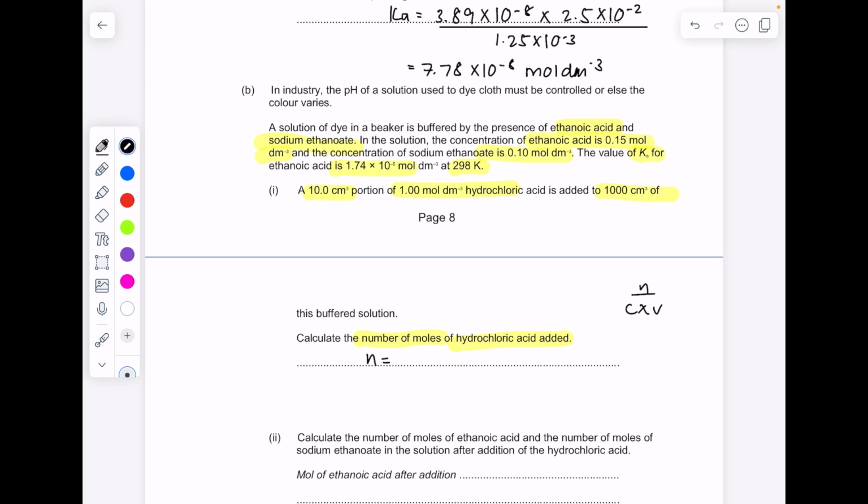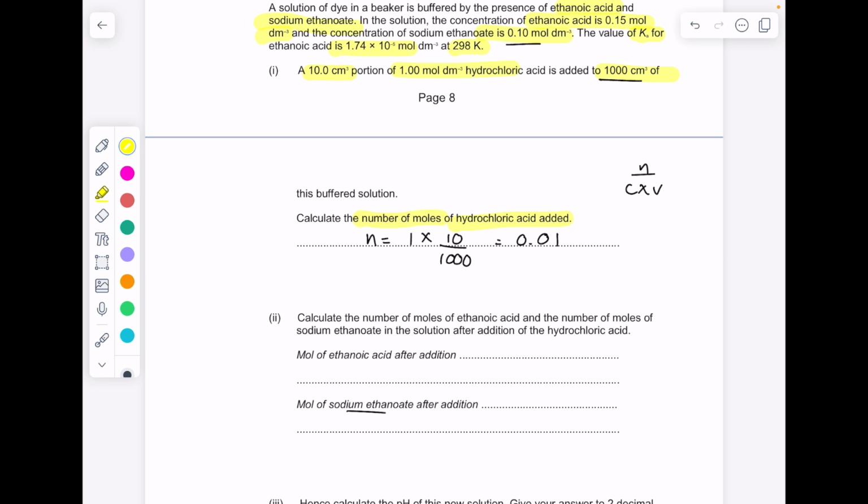So number of moles is concentration times volume. Calculate the number of moles of ethanoic acid and the number of moles of sodium ethanoate in the solution after the addition of HCl. Let's start here with the moles of sodium ethanoate after the addition. So you add hydrochloric acid, and what it does is it reacts with the ethanoate ions, in effect using them up.